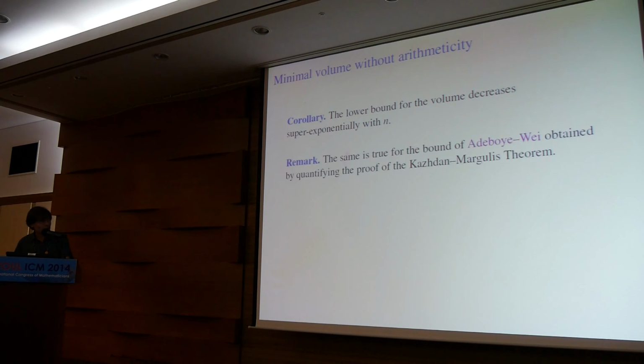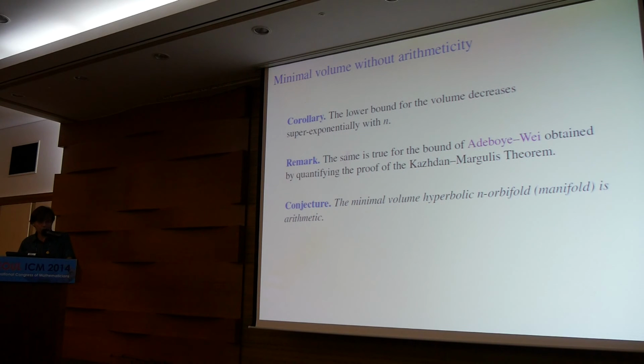And now, a similar computation can be done using a quantitative version of the proof of the Kazhdan-Margulis theorem, and it also gives the same super exponential decrease. Now the well-known conjecture is that the minimal volume hyperbolic orbifolds are arithmetic. This is known to be true in dimension 2 and 3, and not known in high dimension.